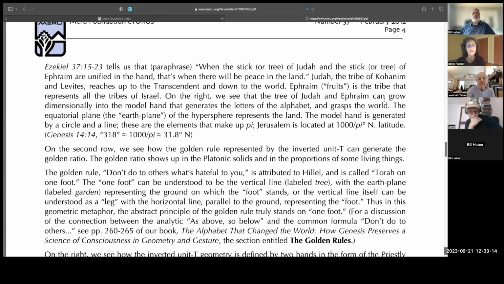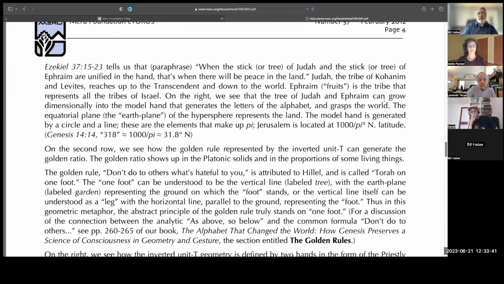Ezekiel 37:15 tells us, when the stick or tree of Judah and the stick or tree of Ephraim are unified in the hand, that's when there will be peace in the land. Judah, the tribe of Kohanim and Levites, reaches up to the transcendent and down to the world. Ephraim, the fruits, is the tribe that represents all the tribes of Israel. On the right, we see that the tree of Judah and Ephraim can grow dimensionally into the model hand that generates the letters of the alphabet and grasps the world.